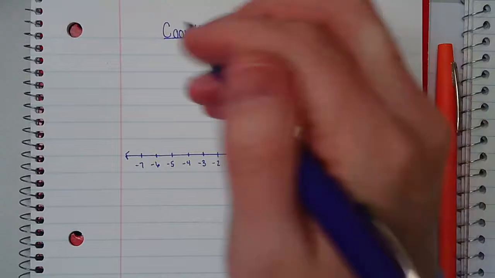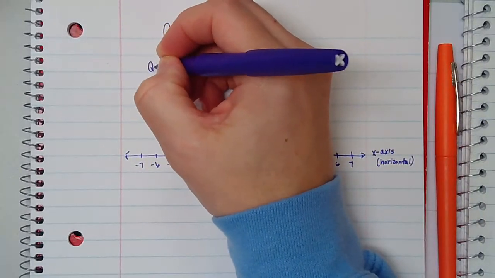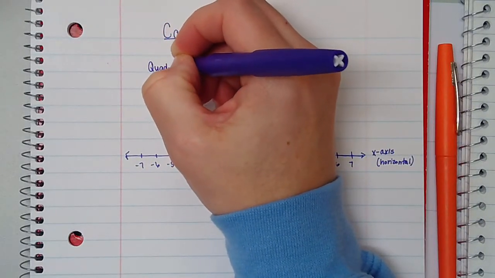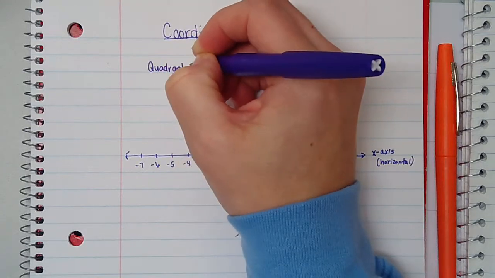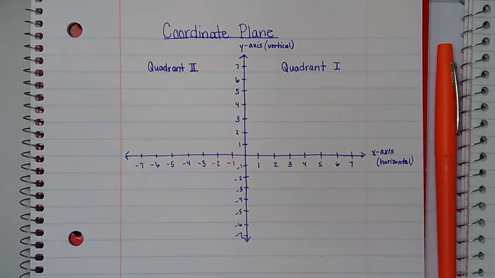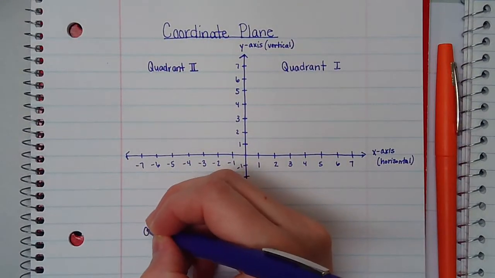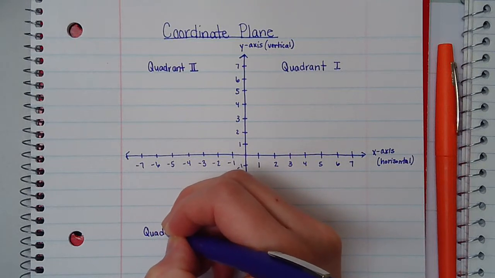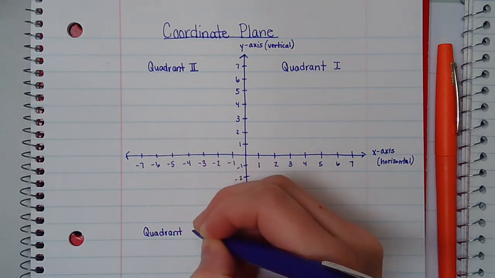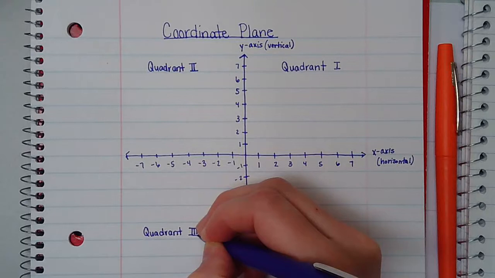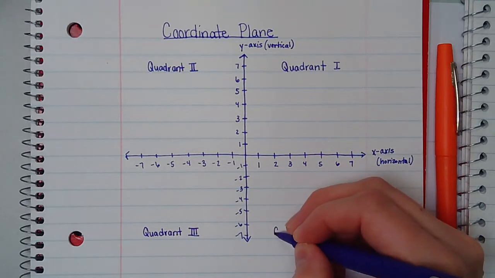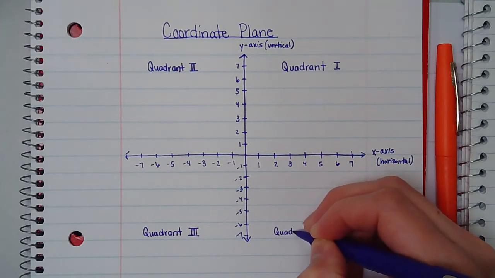So this is quadrant 1. Then you come this way, and this is quadrant 2. Down here is quadrant 3. And then lastly over here is quadrant 4.